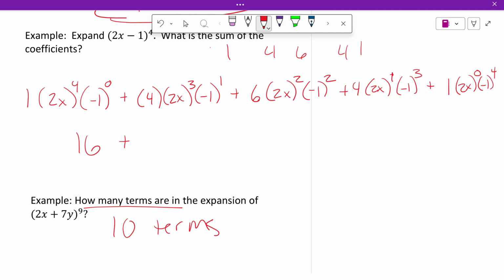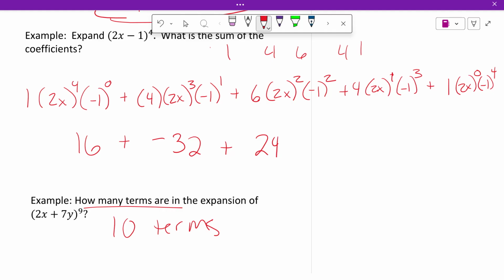But this negative 1 plays a part in this. It becomes a negative 32. 2 times 2 is 4. Times 6 is 24.